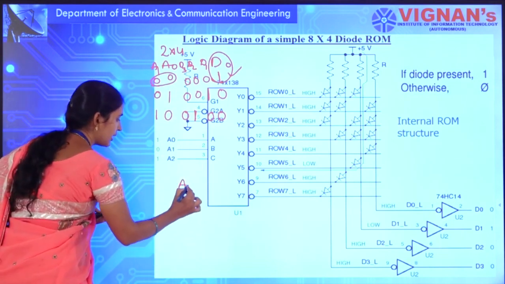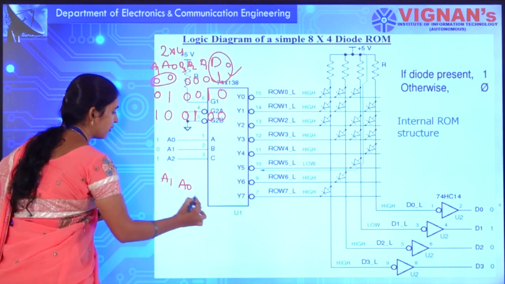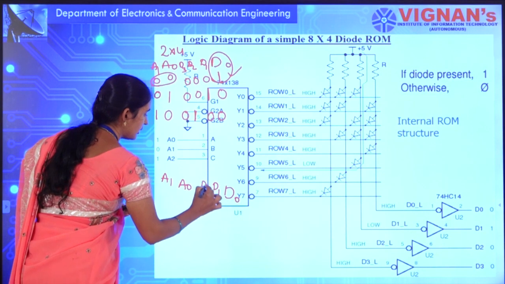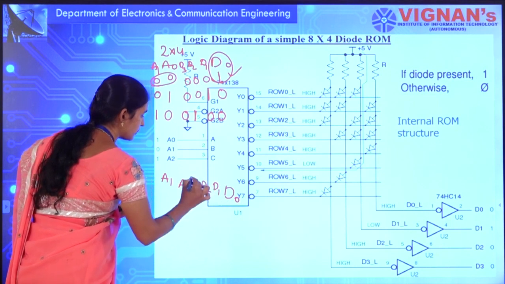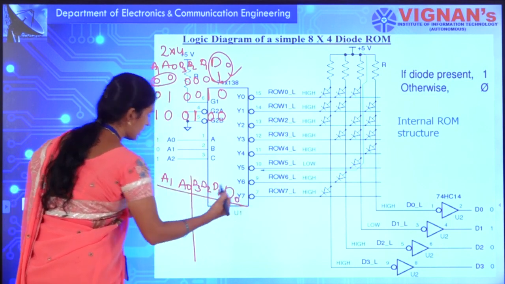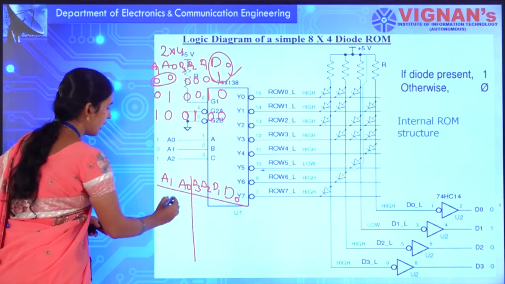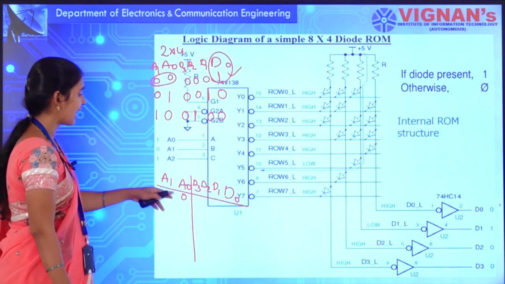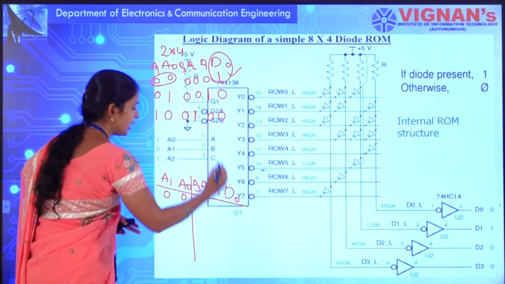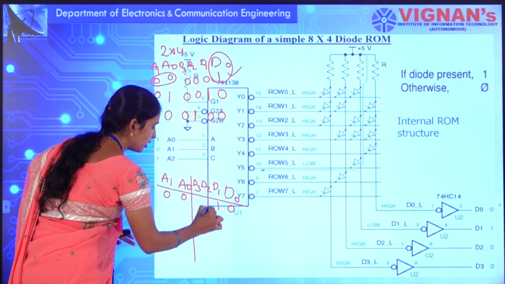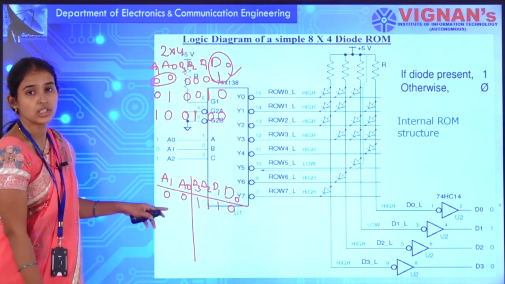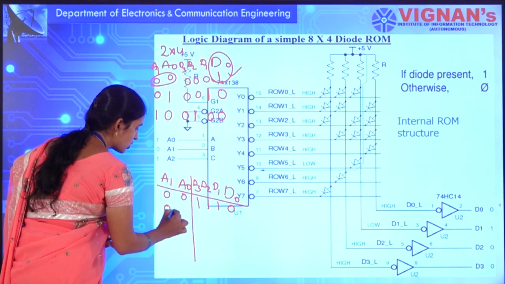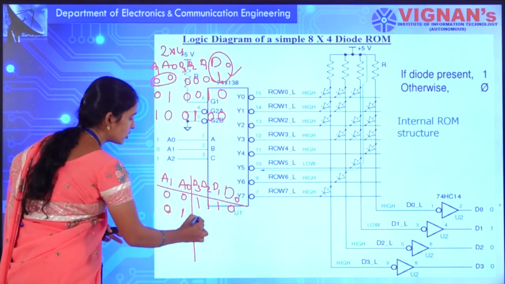That is nothing but A0 and A1, D0, D1, D2 and D3. Suppose consider this case. If both are zeros, this is active low. That means D0 will be 0 and all remaining will be 1. This is for active low outputs. Okay, if it is 0 and 1, what happens?